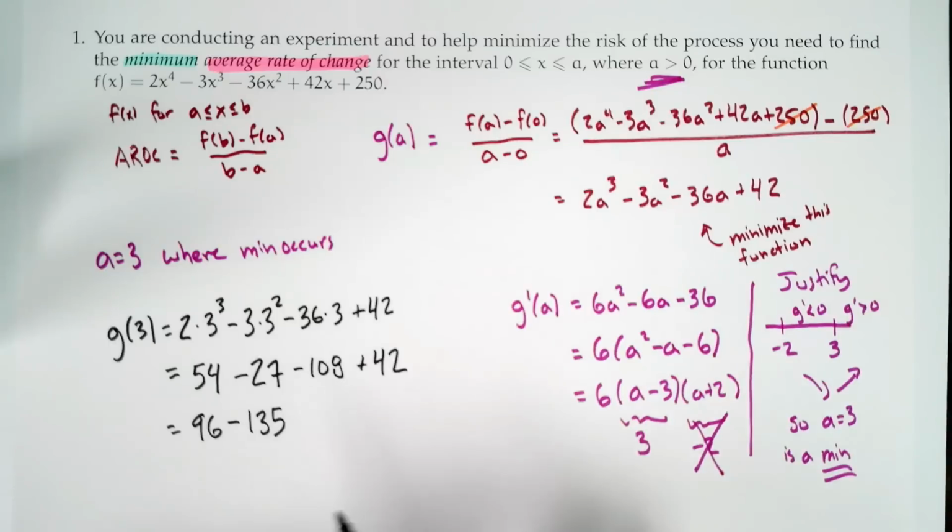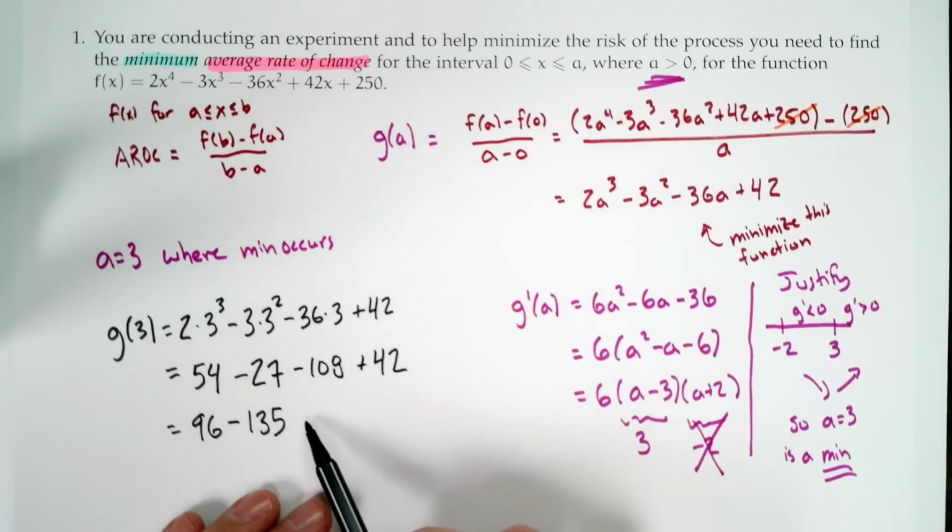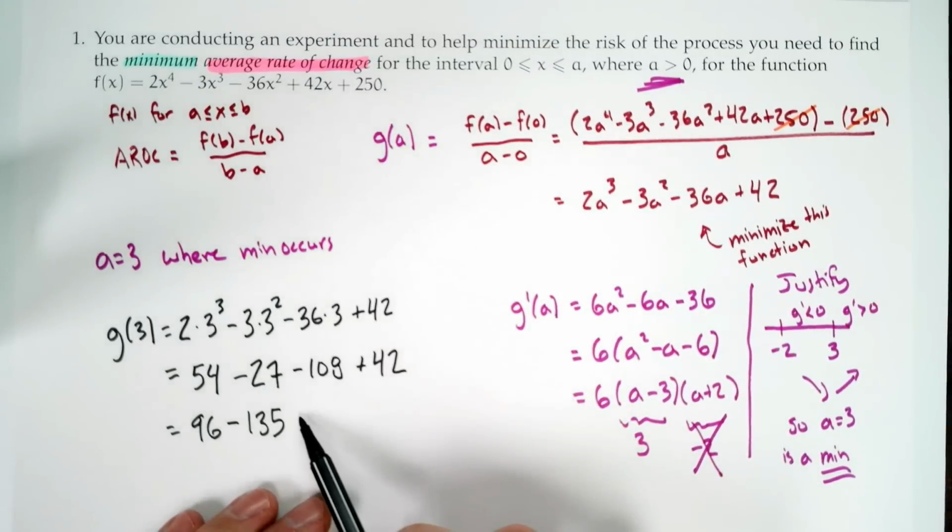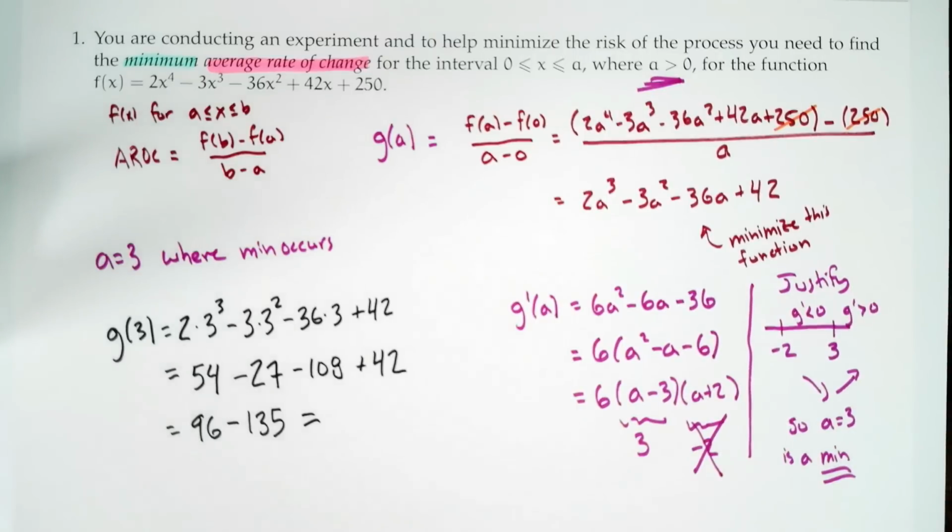And, well, what does this turn out to be? Good question. And the answer is a number. All right. We've come this far. Let's go all the way. So 96 versus 135. Well, suppose it was 135 minus 96. That's not so bad.